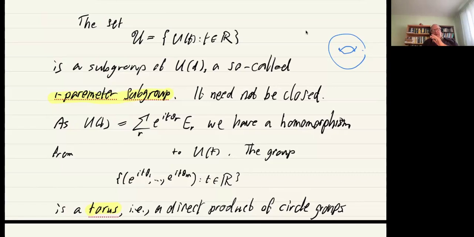Now, if you think about it, you need to think about it a bit, but when you map the plane onto the torus, that line gets mapped onto a dense curve on the torus. So given an epsilon, for every point in the torus there is always a point on the curve within epsilon of your chosen point.